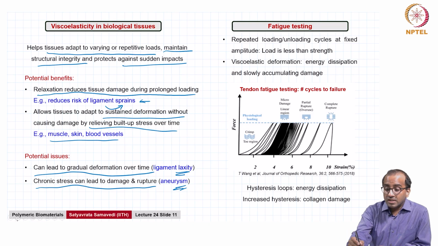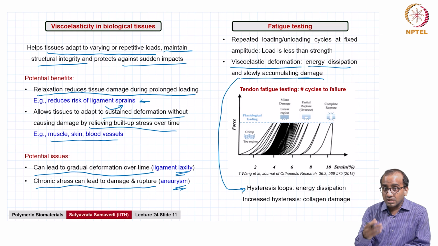So, what you will see is viscoelastic deformation resulting in energy dissipation and slowly accumulating damage, leading to hysteresis. So, that is the last property that we are seeing in this lecture associated with viscoelasticity: strain rate sensitivity, creep, stress relaxation and hysteresis. These are classic textbook examples of viscoelasticity.